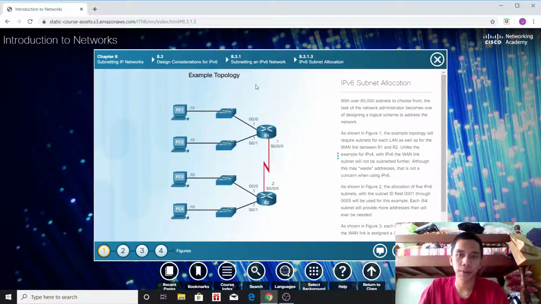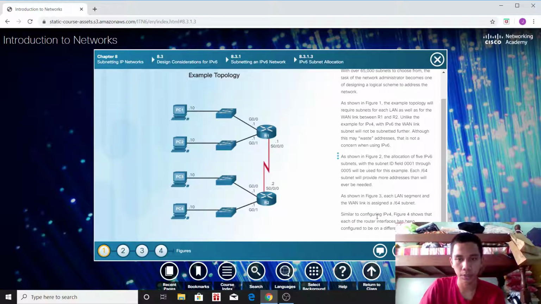With over 65,000 subnets to choose from, the task of the network administrator becomes one of designing a logical scheme to address the network. Figure 1.